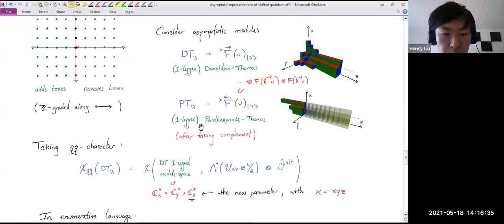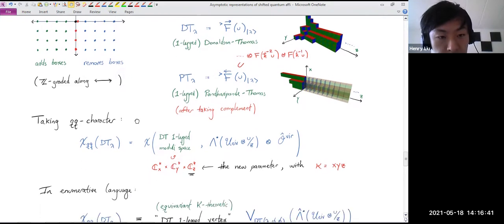We're going to take their QQ characters. What happens for the DT module, at least, is that the QQ character will be some kind of K-theoretic integral over exactly the DT moduli space, whatever it is: the integral with respect to the virtual structure sheaf with an insertion of a certain tautological bundle.